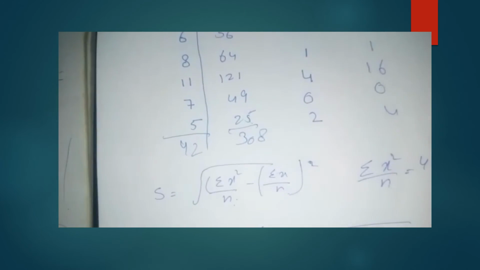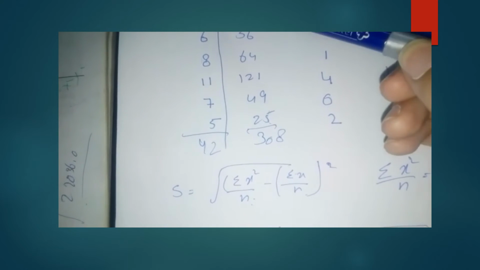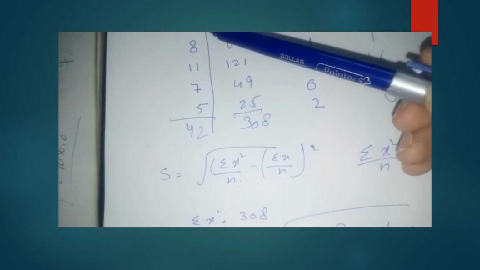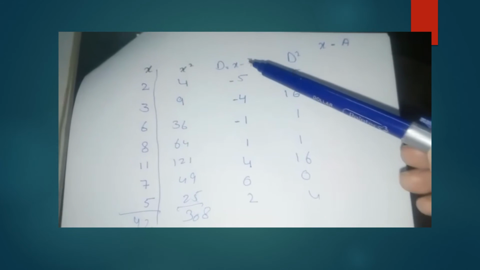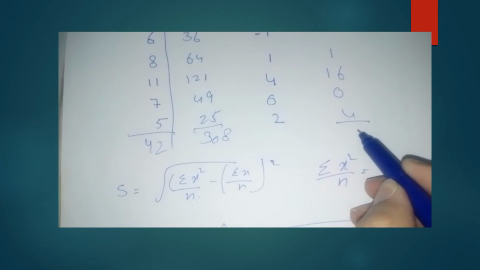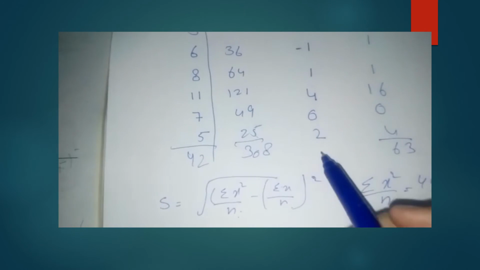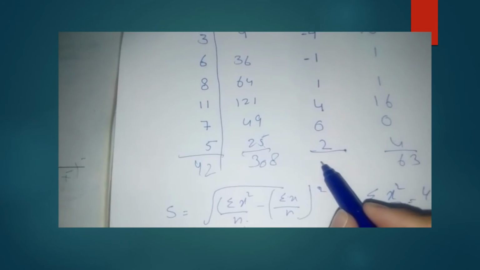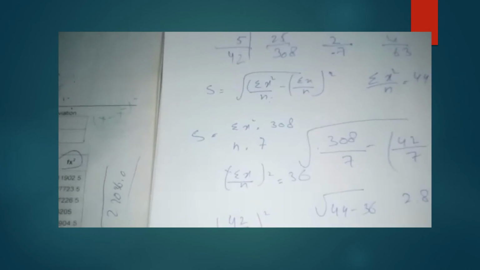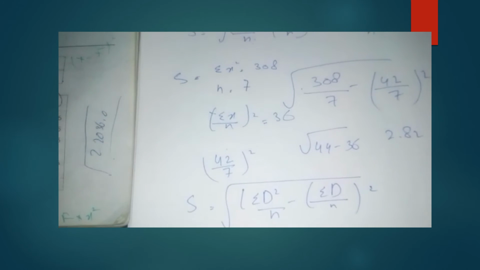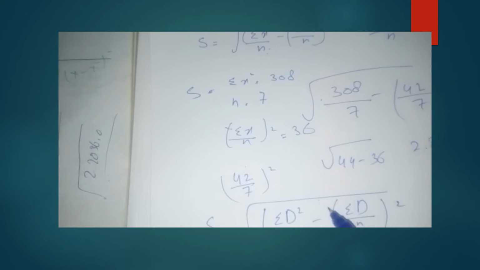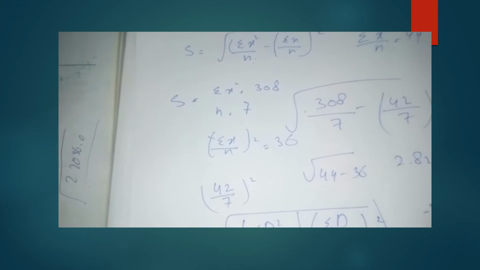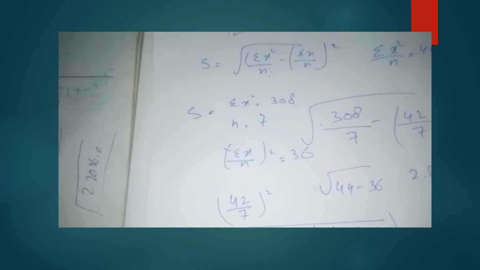First step is x minus 7: 2 minus 7, 3 minus 7, 6 minus 7, and so on. Then the next step is d square, and the sum of d square is 63, and the sum of d is minus 7.